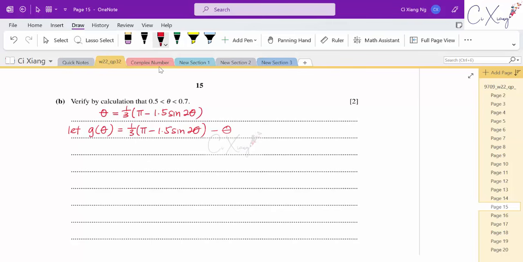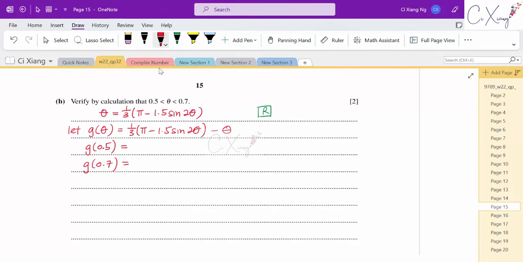To prove that theta lies between 0.5 and 0.7, you should substitute into the equation on top with g(0.5), then find out the value of g(0.7). By substituting inside the calculator, please take note that you have to make your calculator in the radian mode.